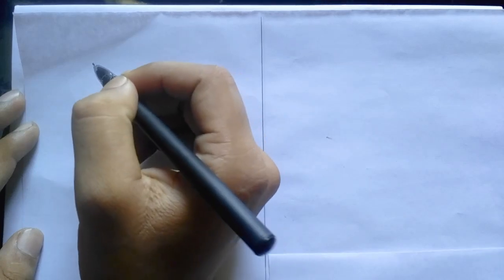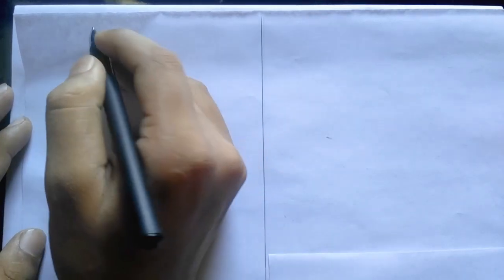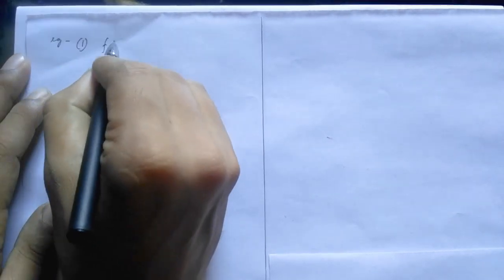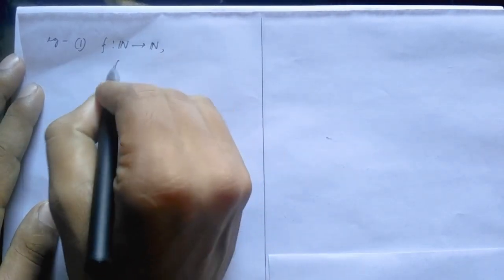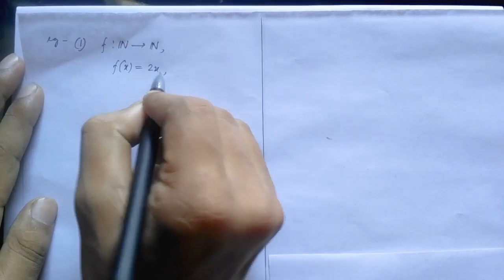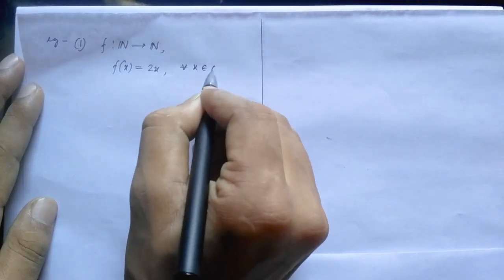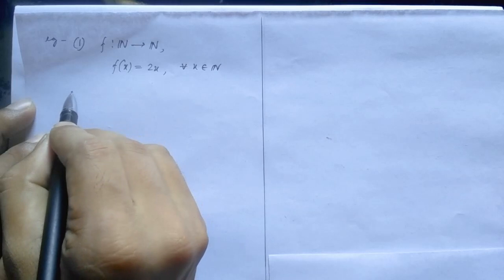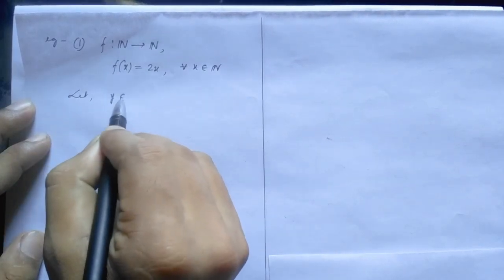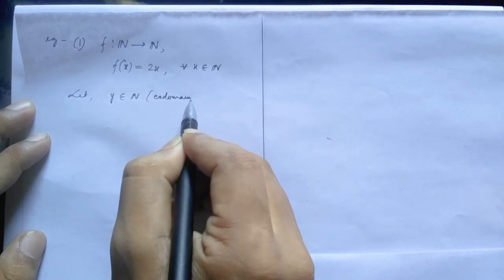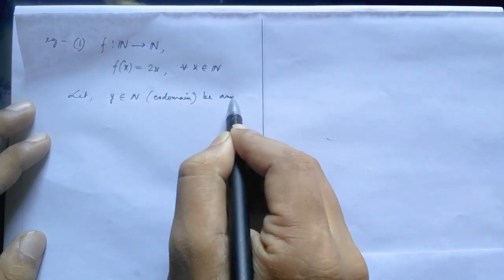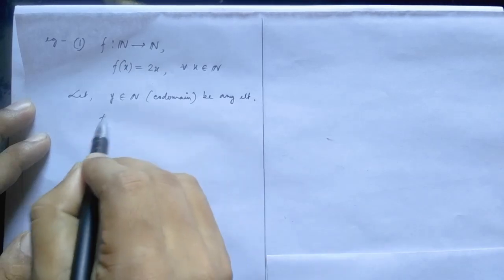Now I give you some examples of how to check whether a function is onto or not mathematically. So example number 1, suppose f is a function from N to N and f(x) equal twice x, for all x belongs to N. So let y belongs to N, the codomain, be any element.